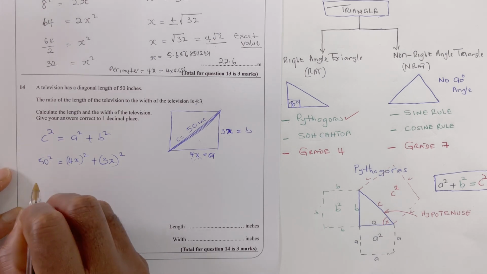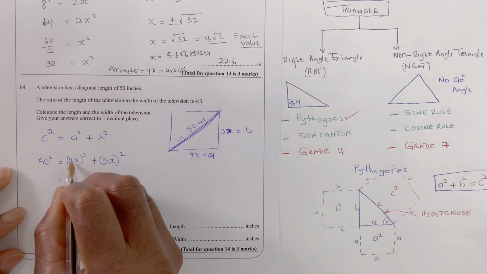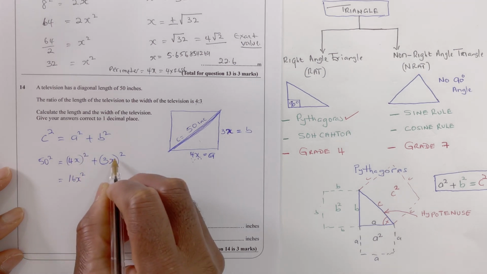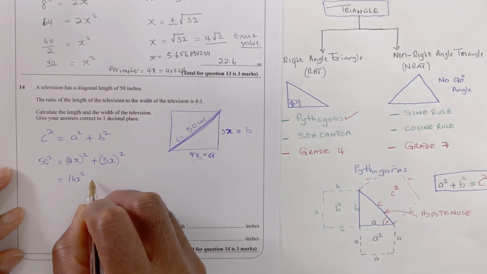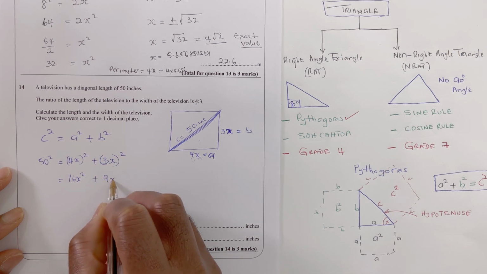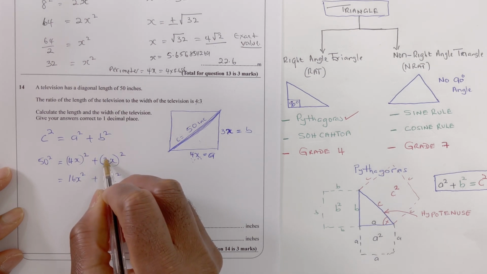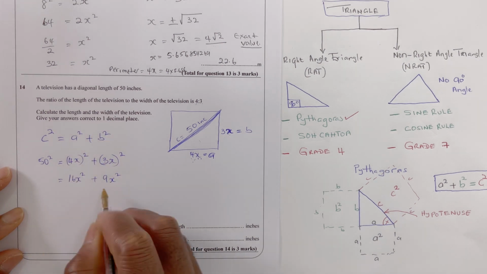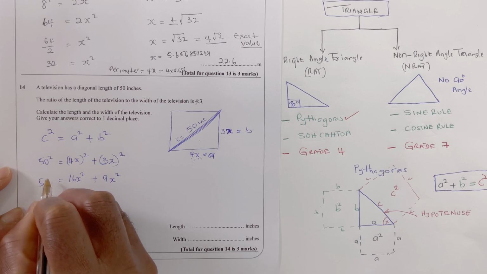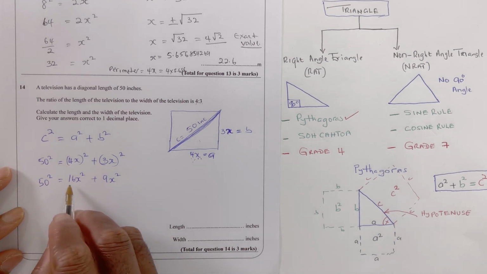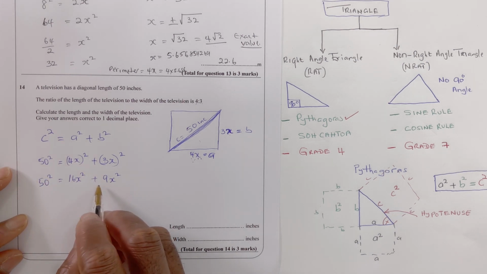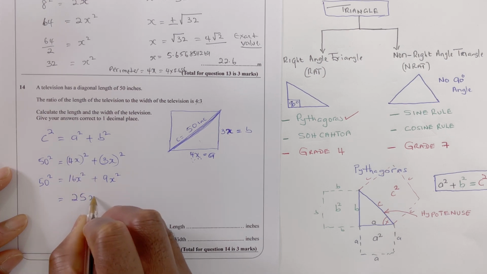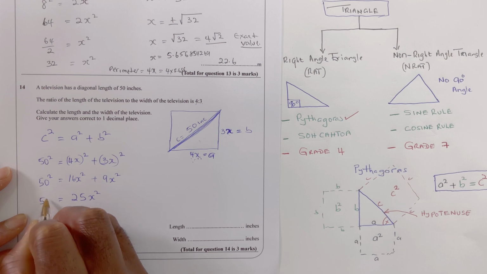Now 50 squared is equal to 4x squared, which is 16x squared, plus 3x squared, which is 9x squared, because you have to square 3 and you have to square x, you have to square 4 and you have to square x. So that's 50 squared. 16 plus 9 is 25. So that would be 25x squared is 50 squared.